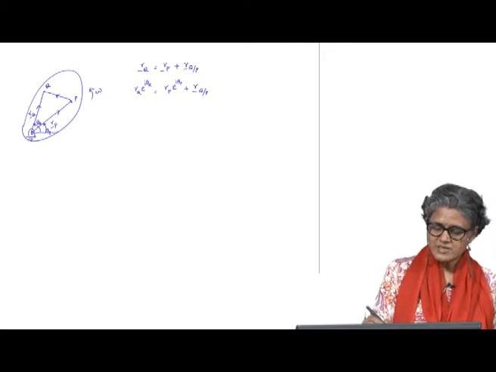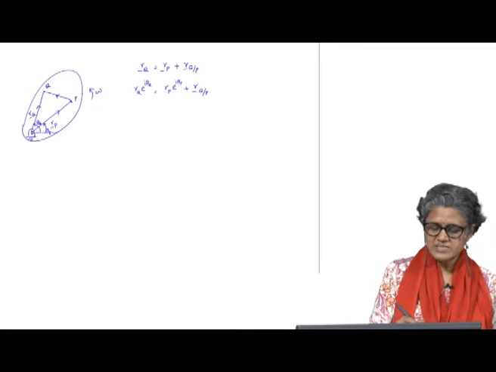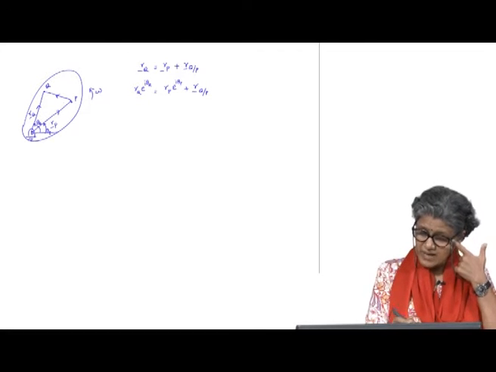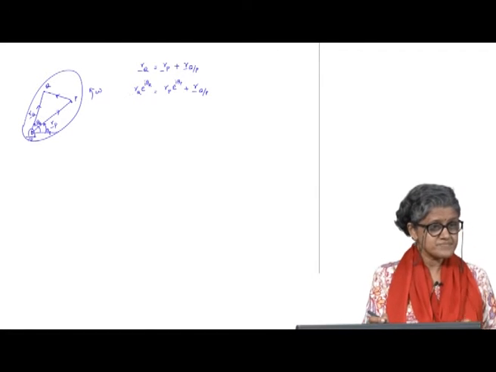If I differentiate this, in this case when it is rotating about a fixed pivot, the distances RP and RQ are constant.